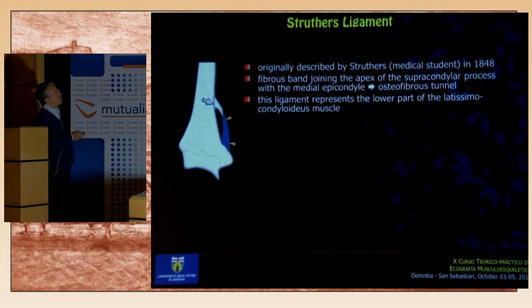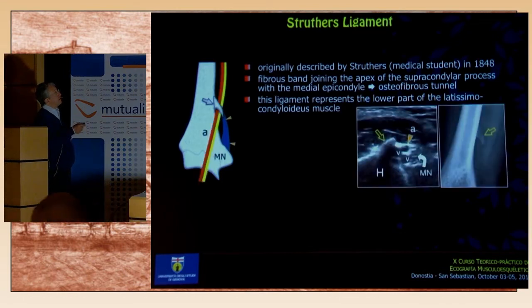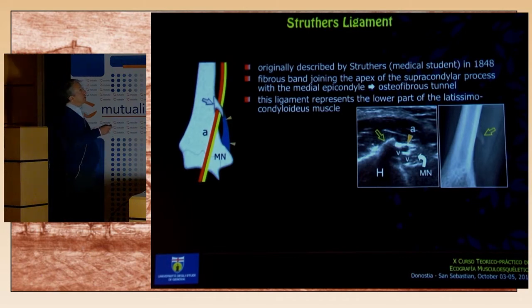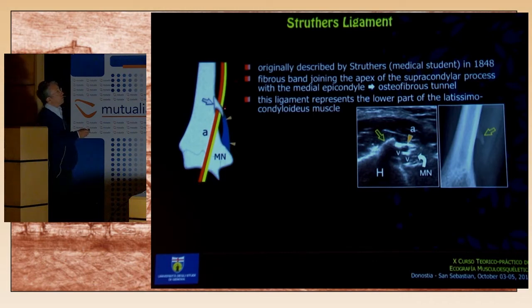This becomes an osteofibrous tunnel, and the median nerve and the brachial artery may pass across the tunnel here, so they may be impinged against the ligament or against the bony process. This is an example, and you see the beak process here, and these are the nerve and the vessels close together in close relationship to the process.